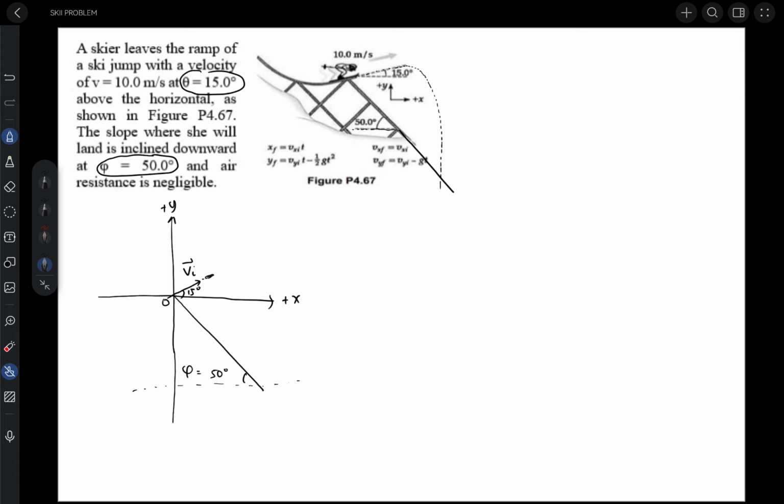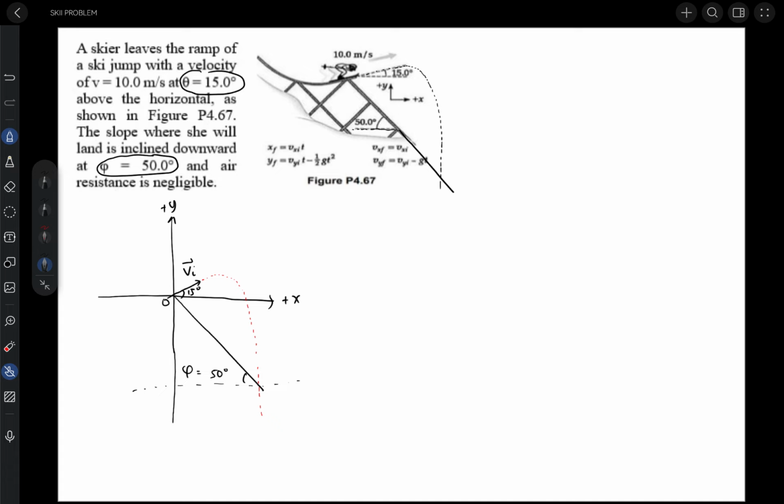The skier leaves the ramp and lands somewhere on the platform, which coincides with the delta x that we're going to be finding later.